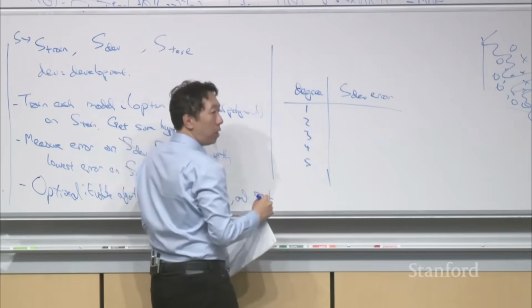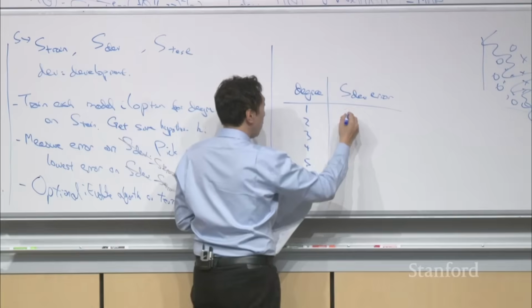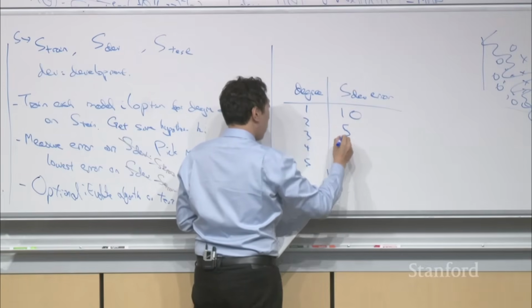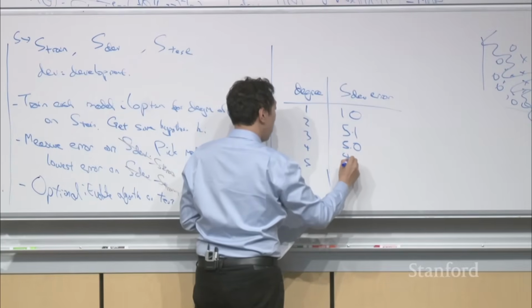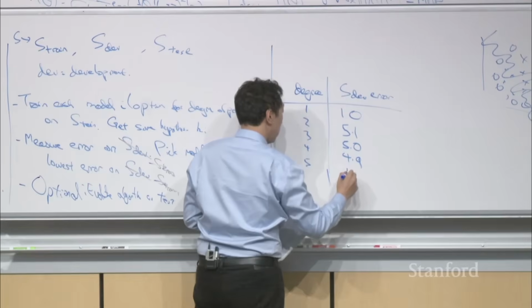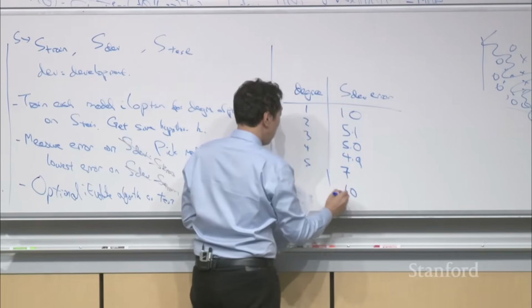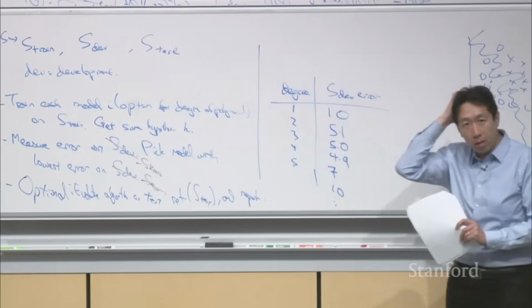And after fitting all of these, let's say that the squared errors, just to use round numbers, are 10, 5.1, 5.0, 4.9, 7, 10, and so on, okay? Just to use round numbers for illustrative purposes.